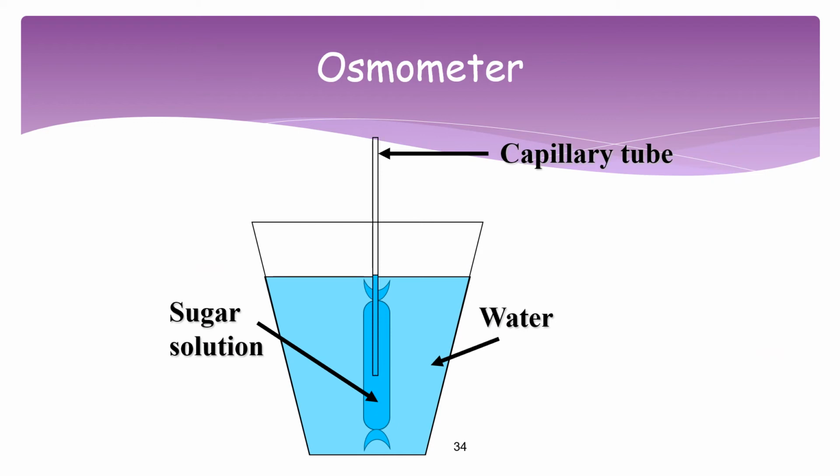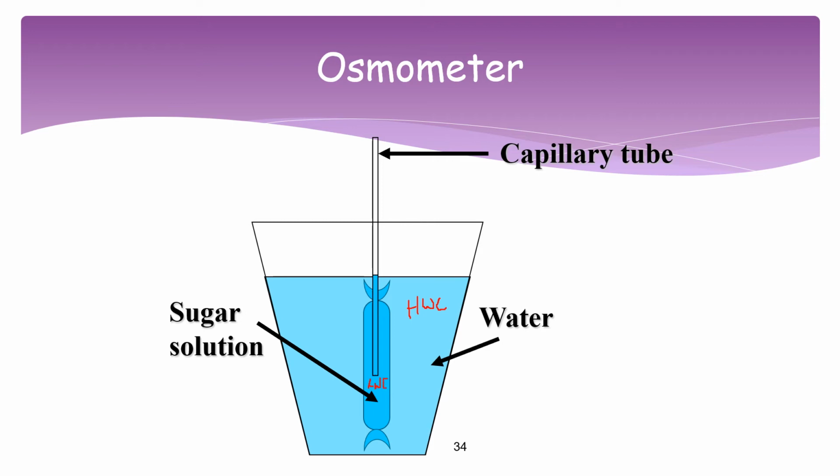So an osmometer can be used to measure osmosis. In this diagram we have a capillary tube and we have our sugar solution, which is in viscous tubing, and we've got our water. In this situation, we should have our high water concentration on the outside because we're told that it is a watery solution, and we should have our low water concentration on the inside because we're told that it is a sugary solution.